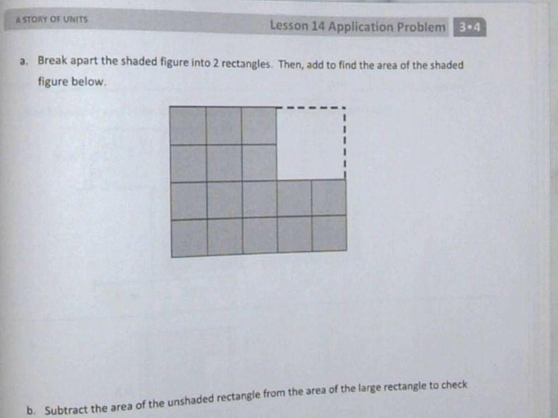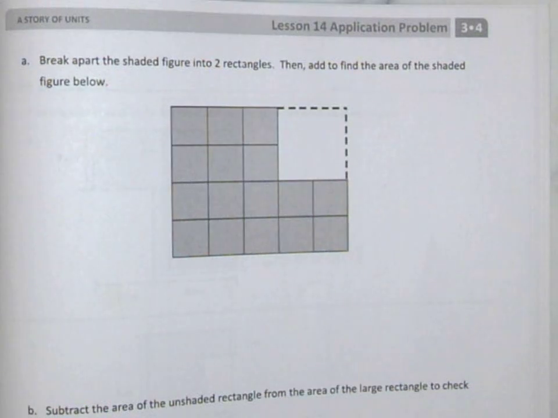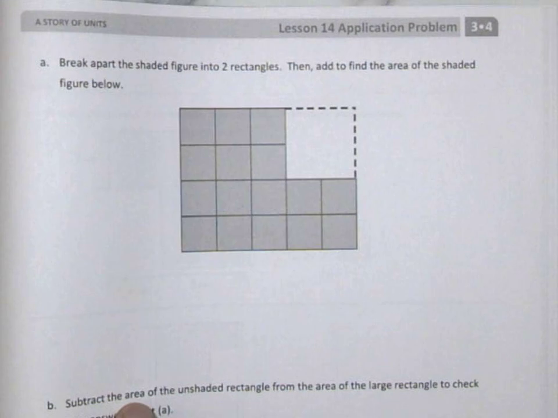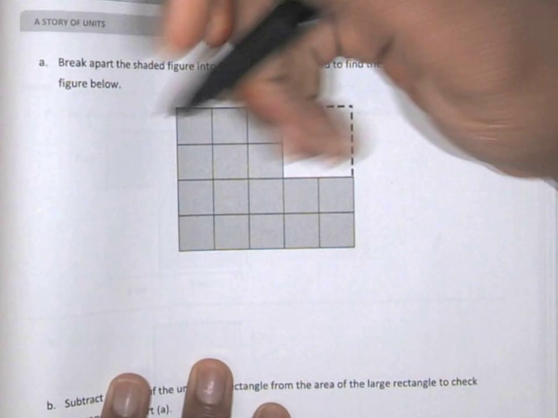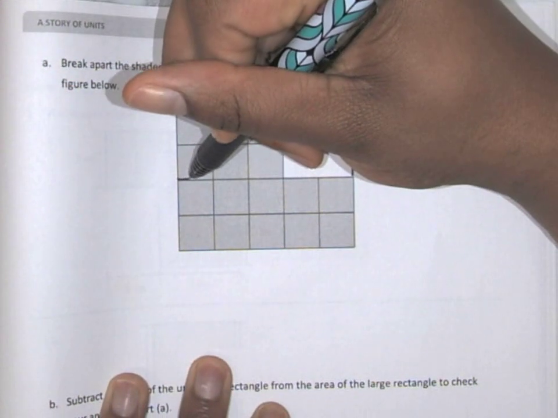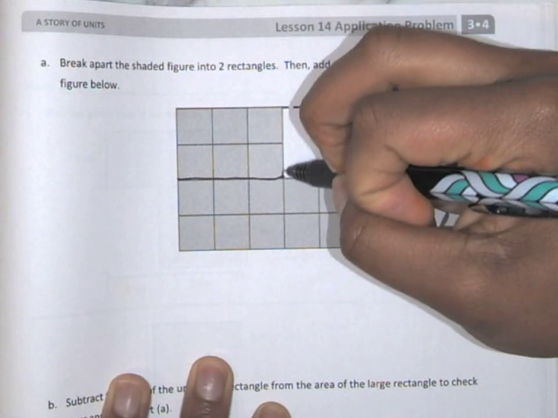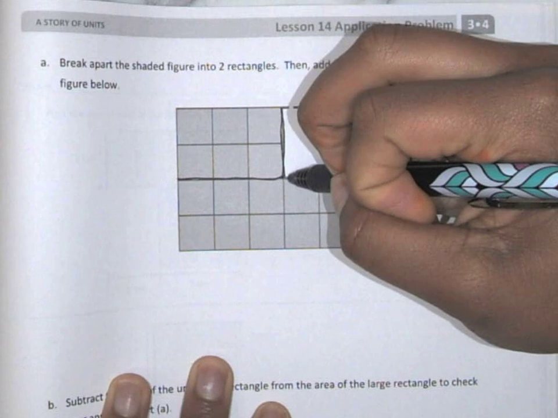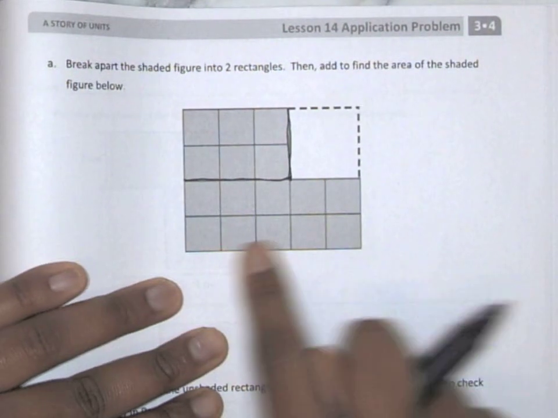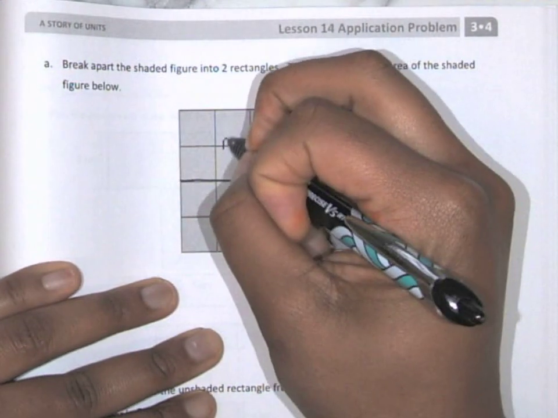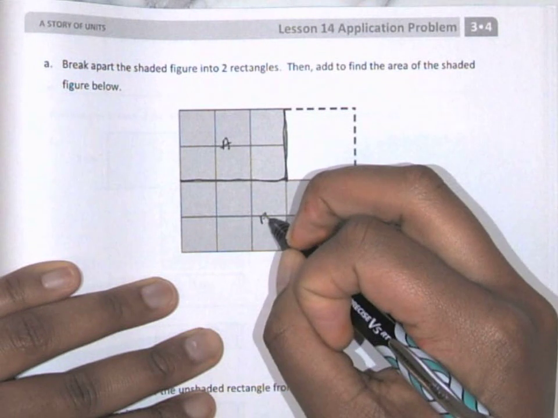Alright, so at this point you should have your rectangle split off. I am going to draw my rectangle, split it this way. So this part with the black outline is going to be my rectangle A, and this one here at the bottom is going to be B for me.